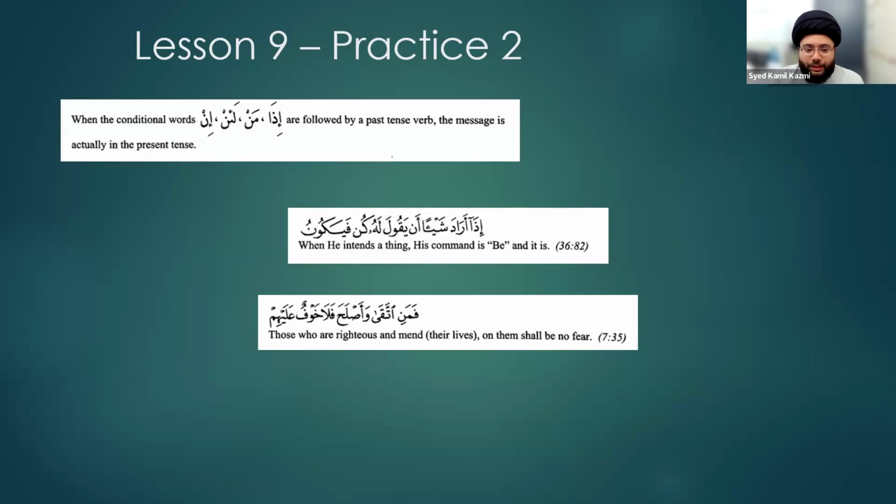أعوذ بالله من الشيطان الرجيم إذا أراد شيئا. Allah talking about himself really. He's saying that when he intends a thing, إذا أراد شيئا. If you notice over here, إذا came on top of the word arada.